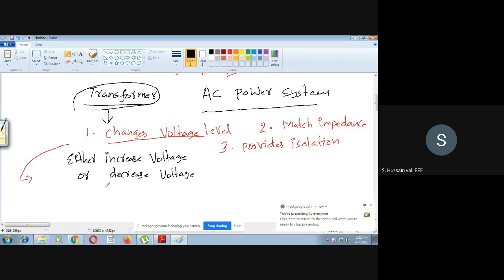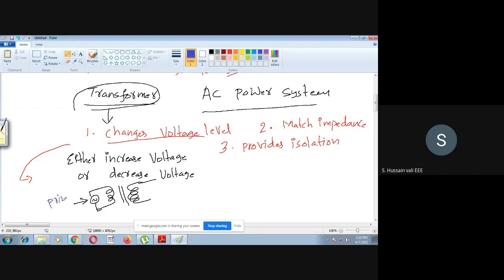So this is the symbol of transformer. Of course, you might have seen this symbol somewhere else also. On one side you give some voltage, here you apply some voltage. Generally that side you call the primary side.